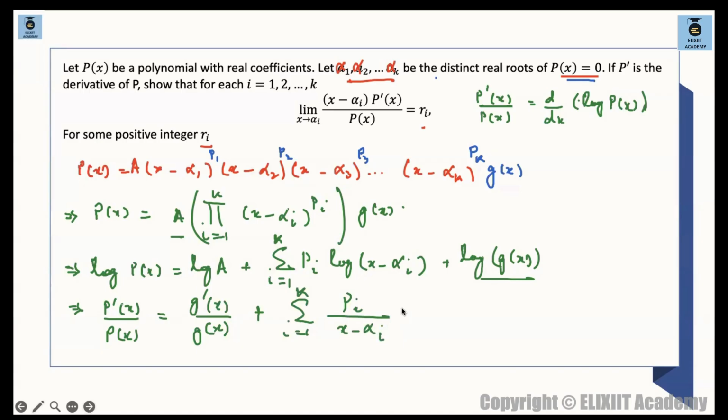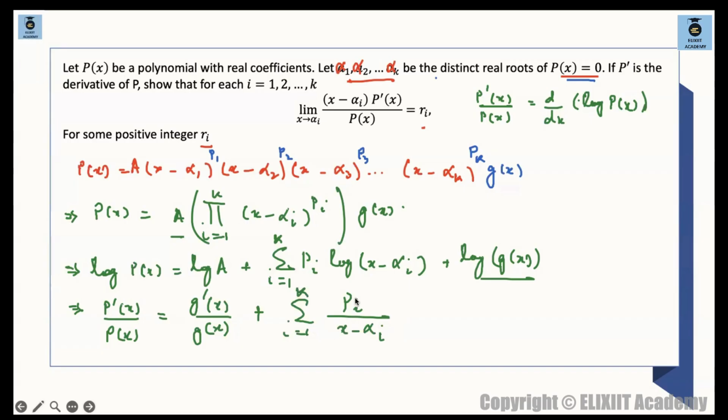Every term, once you break this summation, will have the same thing, like p1 log of x minus alpha 1, and so on. Next term, second term will be p2 log of x minus alpha 2, and so on. This will continue till pk log of x minus alpha k. This is the last term.